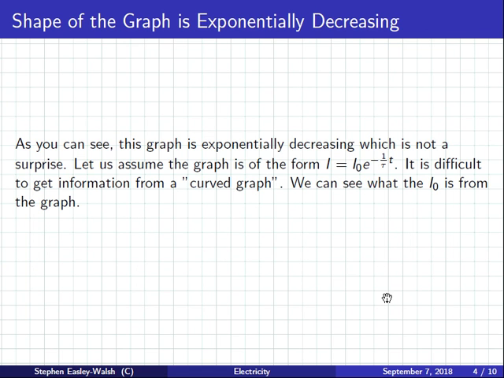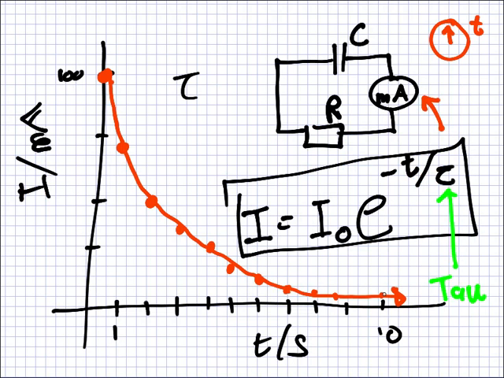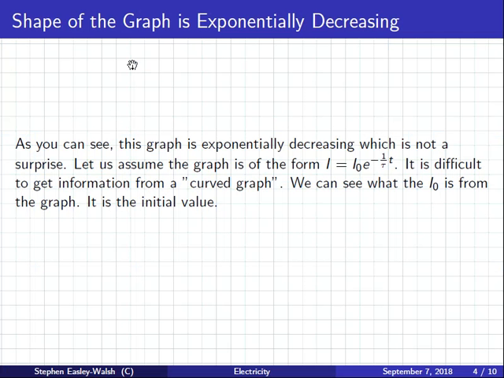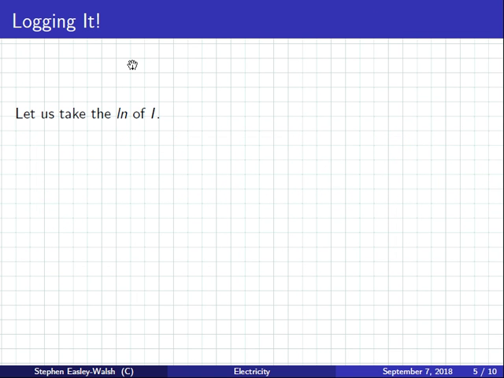Right, so the I0 is going to be 100 in this graph. But what about the 1 over tau? Well, let's see how we can figure that out.